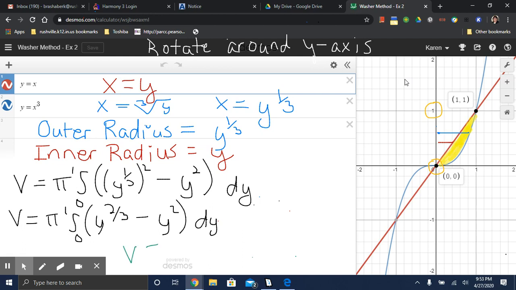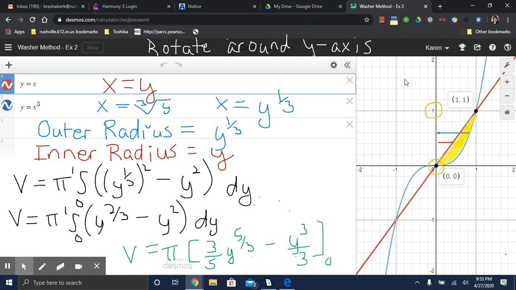So volume will equal pi times, we'll be doing 2/3 and adding 3/3 to that. So that's going to be 5/3 power over 5/3. That's going to become 3/5. So 3/5 y to the 5/3 power minus, and then for your other one, y to the third over 3.